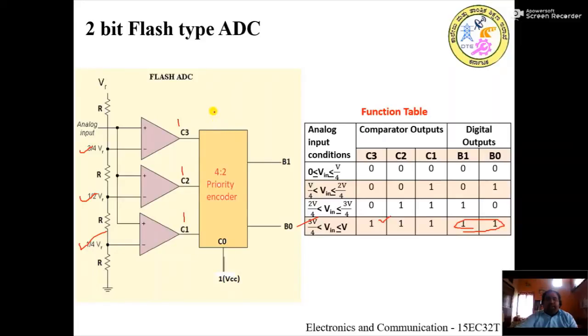So remember one thing here. These components by themselves are not enough. Along with these components, we should have sample and hold circuits as well, because the analog input will be a continuously changing one. Since the unknown analog input changes continuously, it would be difficult for the priority encoder to predict the output.